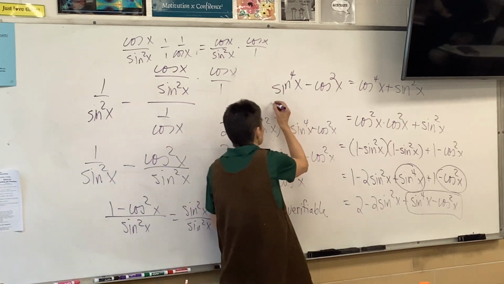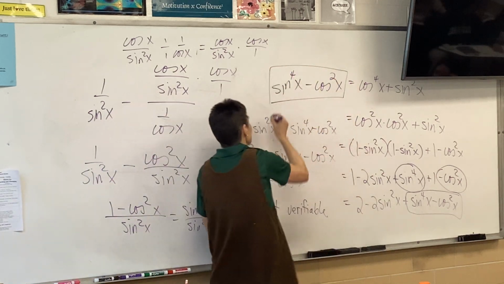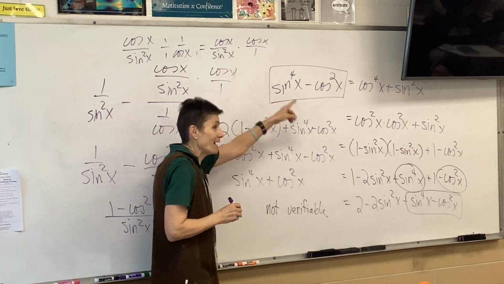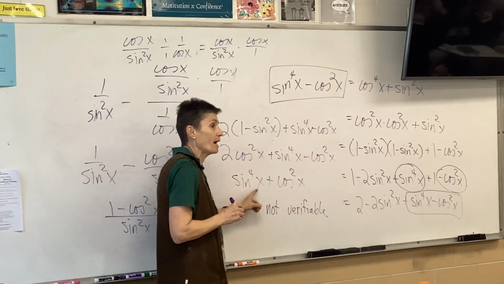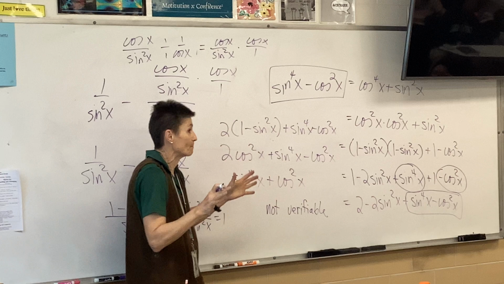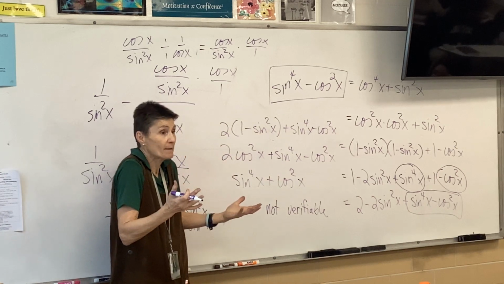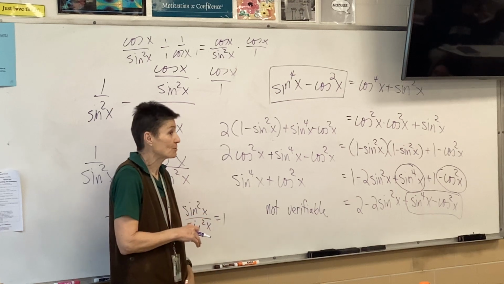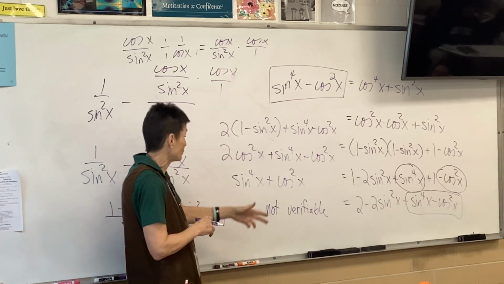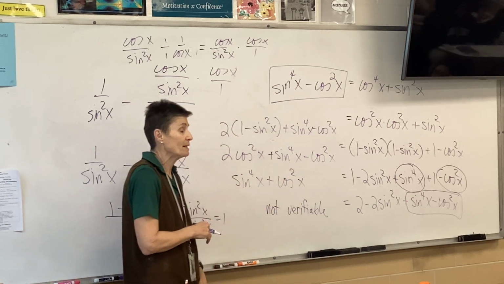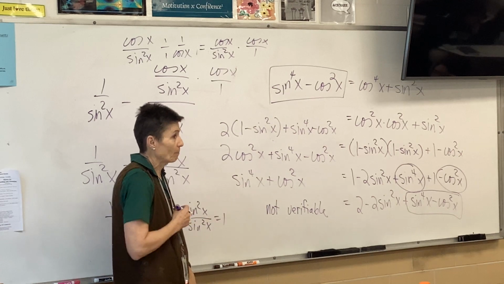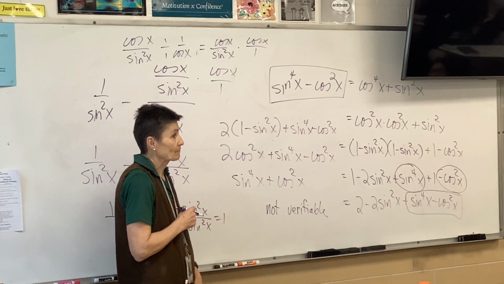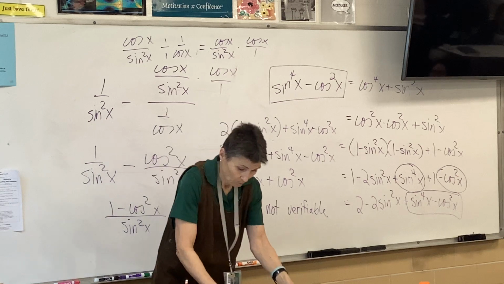Because there is no way to make sine minus cosine equal to sine plus cosine all the time. That just isn't a true statement. 5 minus 2 is not 2 minus 5, right? Or 5 minus 2 isn't 2 plus 5. Can't be done. There's an example. We'll do another one.